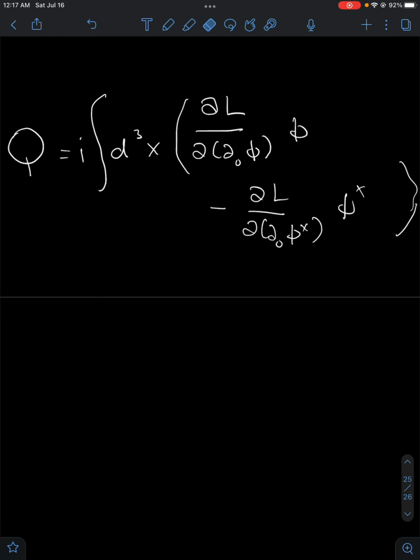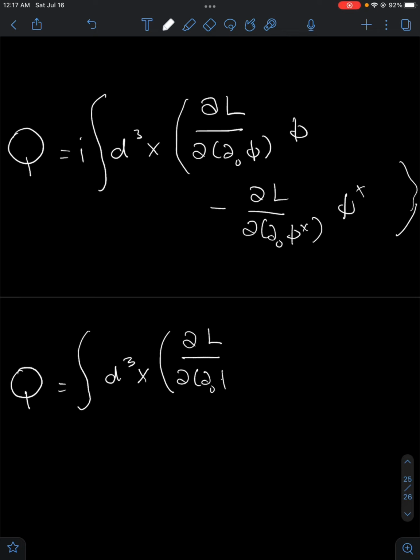And then we have q, our conserved quantity under that U1 transformation, equals the integral, I'm going to try to write smaller to encompass this entire thing, of partial L over partial naught phi conjugate.